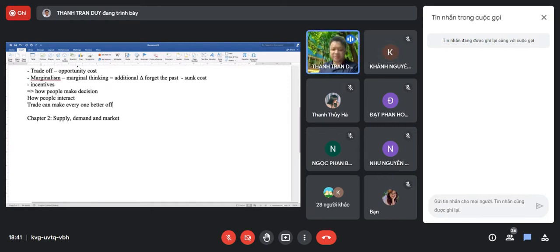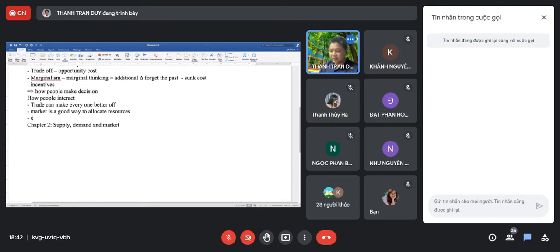Right, so we have three principles. Principle number five says that trade can make everyone better off. The same meaning as what you mentioned, right? Trade can bring benefit to everybody. So we have the example about that one. And next one, market is a good way to allocate resources, right?